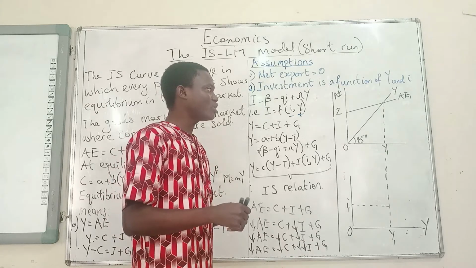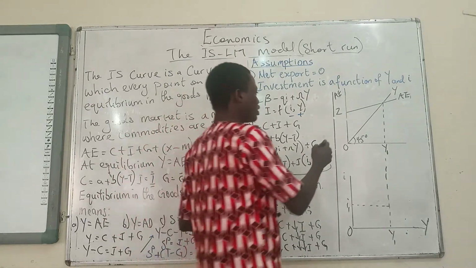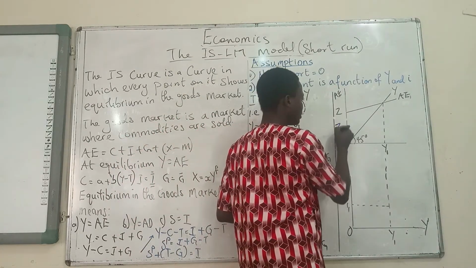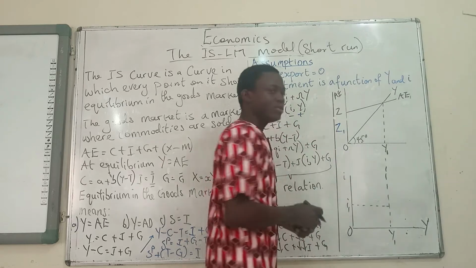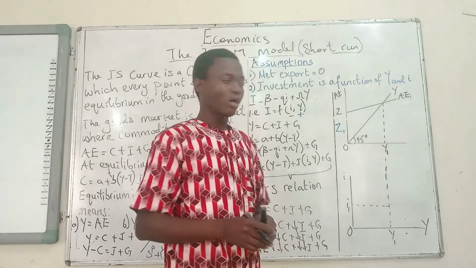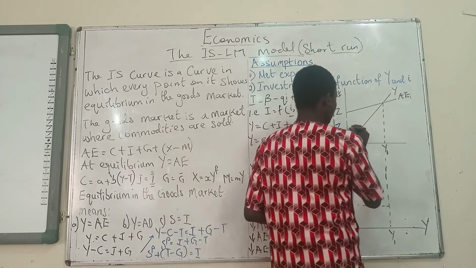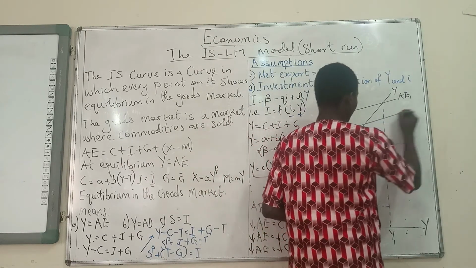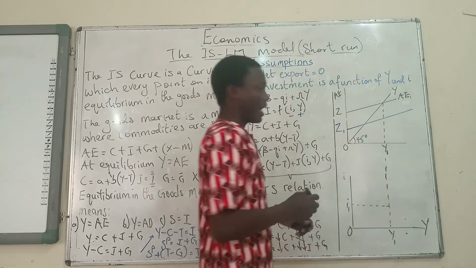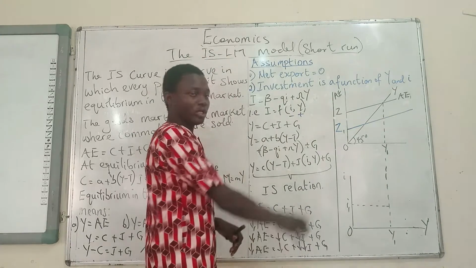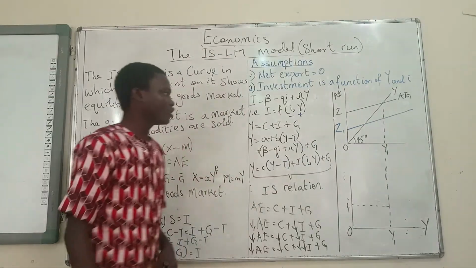So that is going to shift this curve, because there's going to be a new autonomous expenditure line, which I call Z1, which is just going to be something like this.